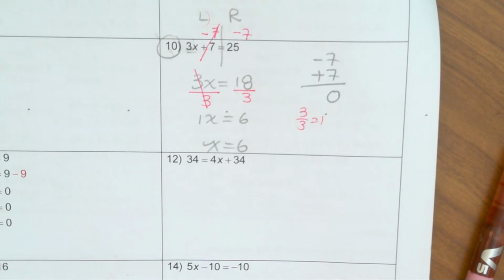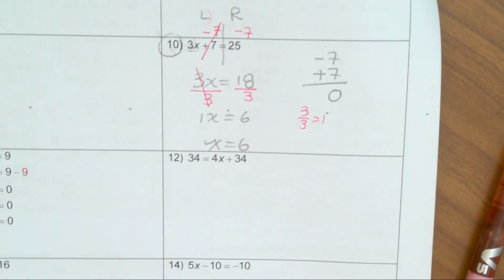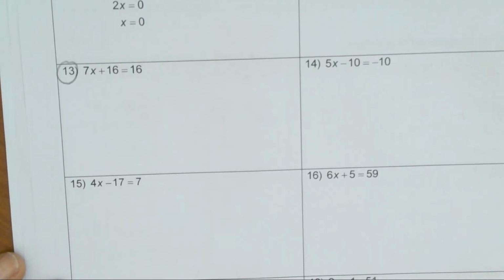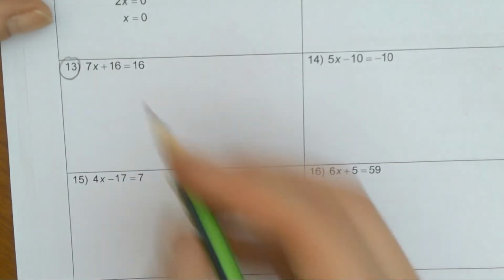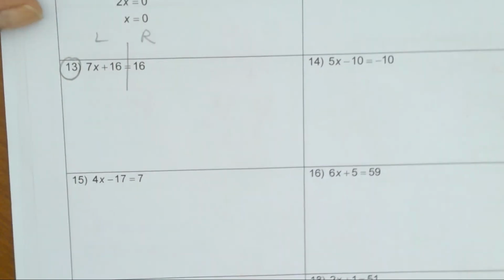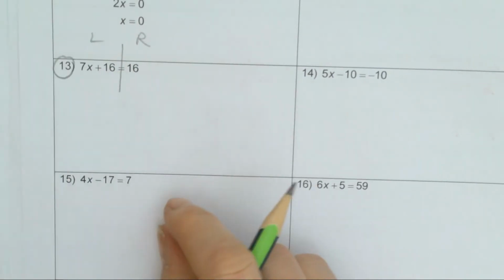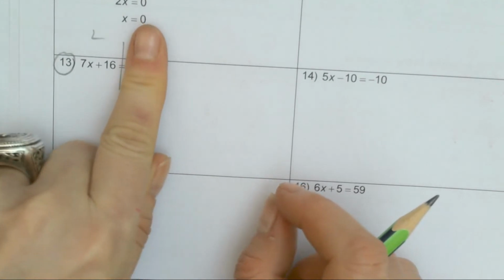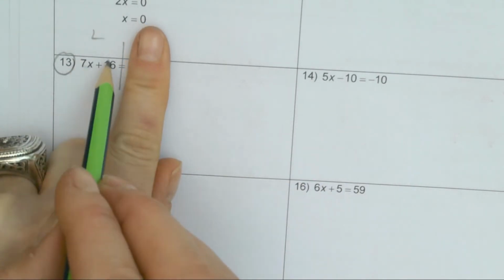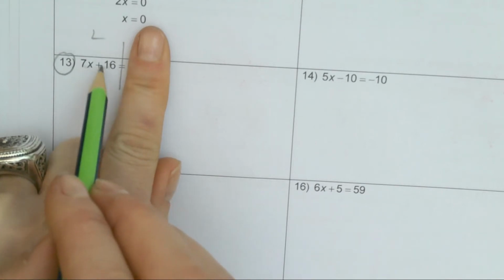Let's go to question 13. We cut it at the equal sign to make our left side and our right side. And then we ask, what side is the x on? He's on the left. So here's my best friend because he's close, and here's my neighbor. That means I have to get rid of the neighbor first.